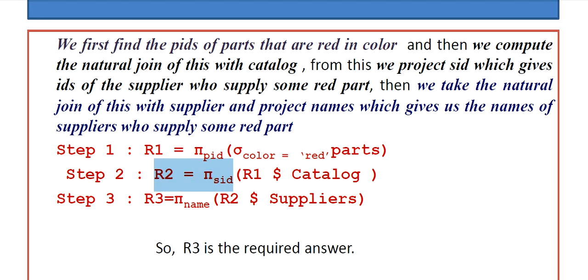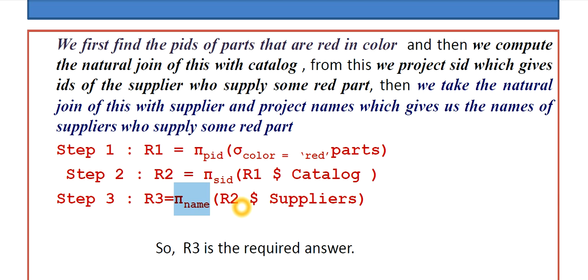Then R2 natural join suppliers will give you those suppliers who are providing the red color parts. That information we get through this natural join, and from that we want the names of the suppliers. So again, apply the pi operator on that.